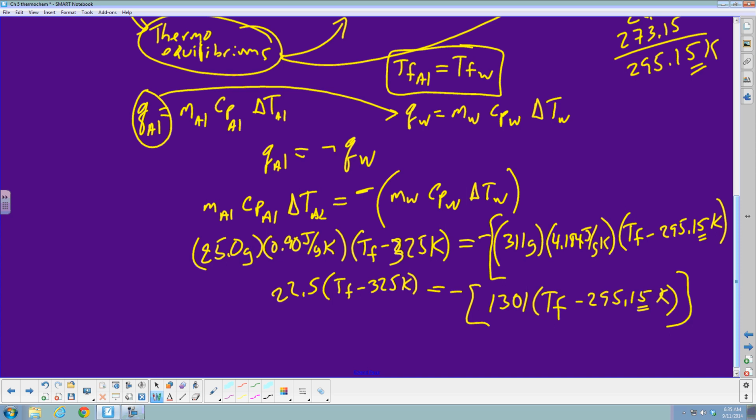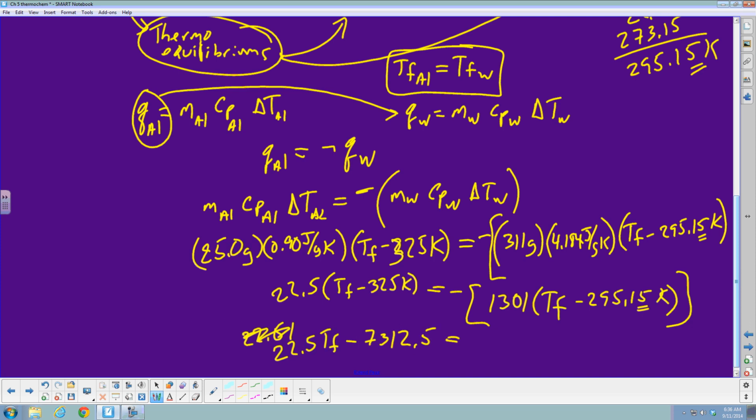So I have 22.5 T F minus, let's take 22.5 times 325, and I get 7,312.5.